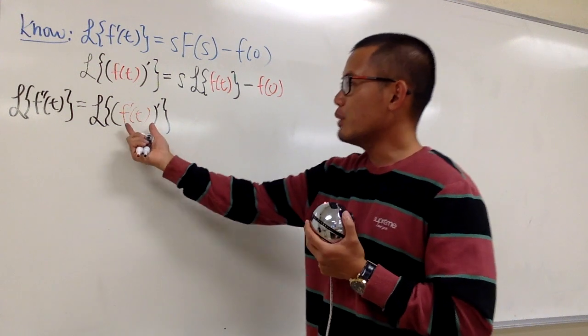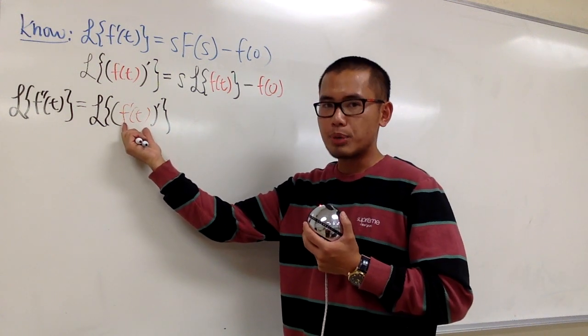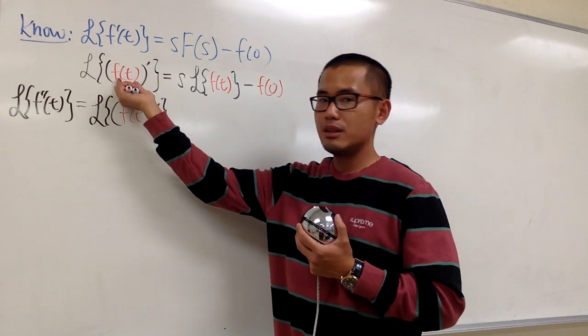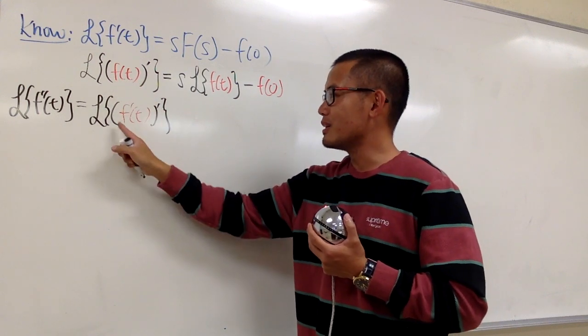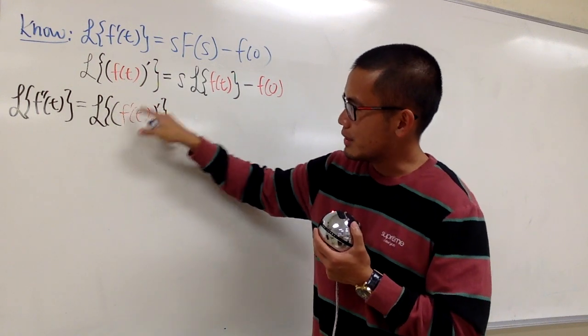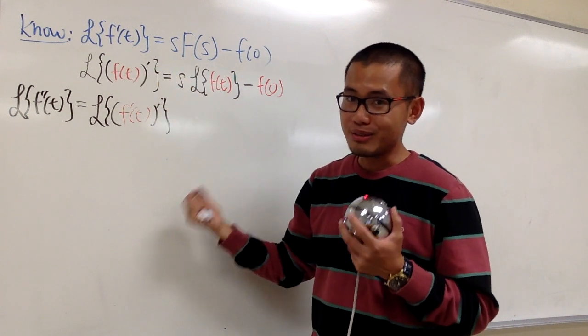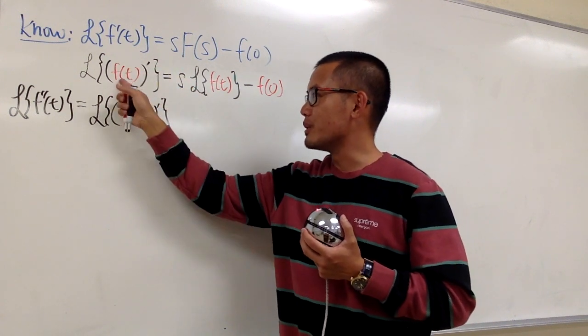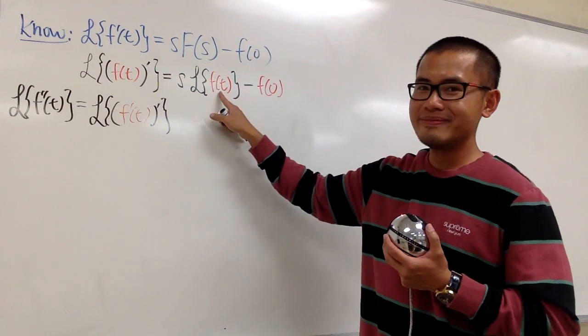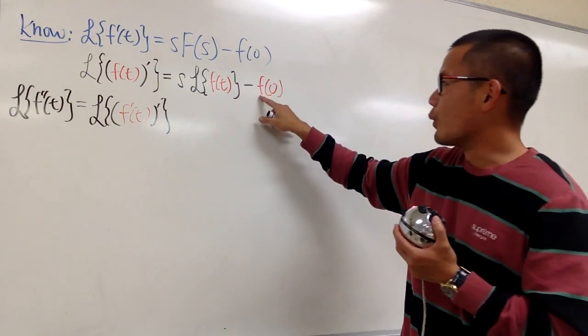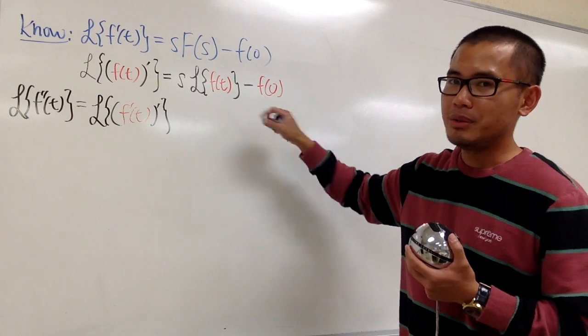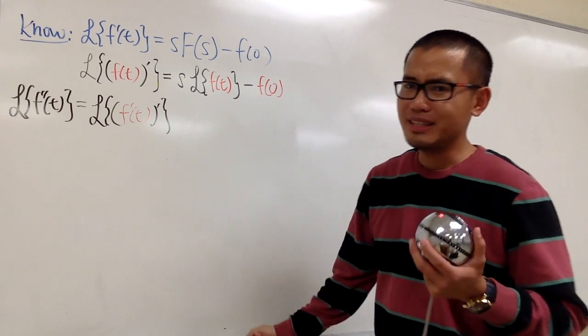Well, now you see, inside here, I have f prime of t. Earlier, I have f of t. This right here, you see, you have the parentheses in black and also the prime in black, like this, right? Now, all I have to do is plug this into here and this into here. And instead of the original f of 0, this will be f prime and now 0. That's it.